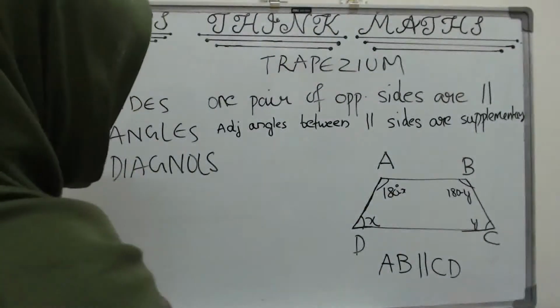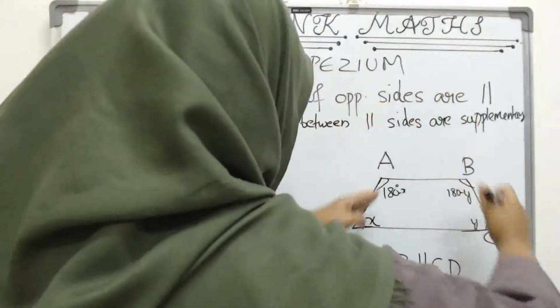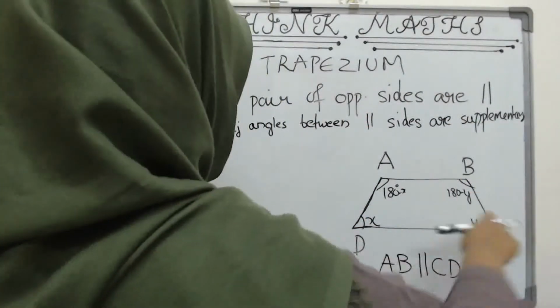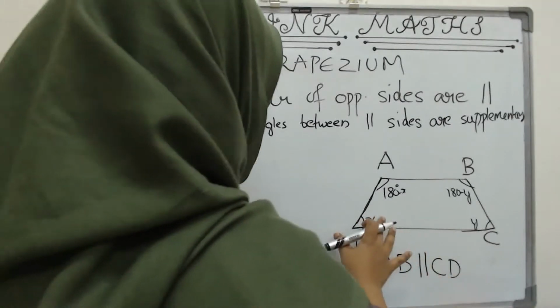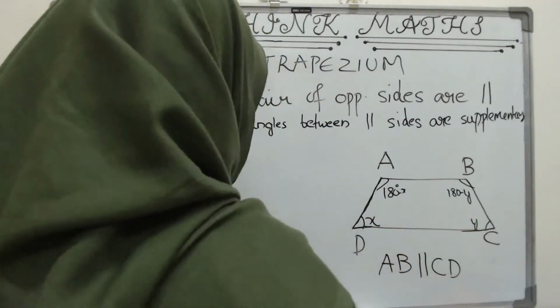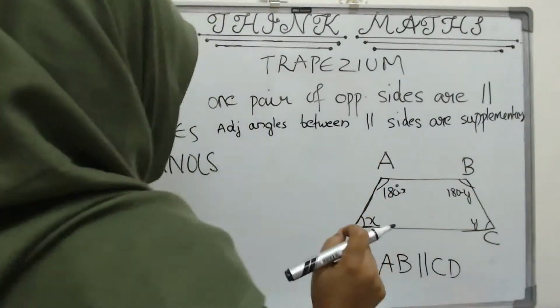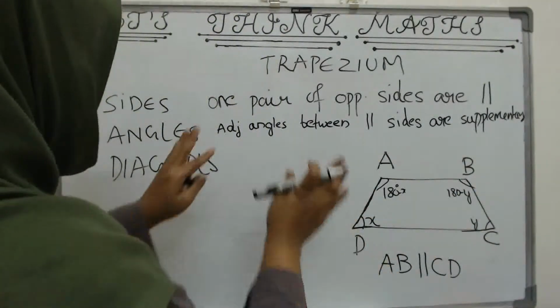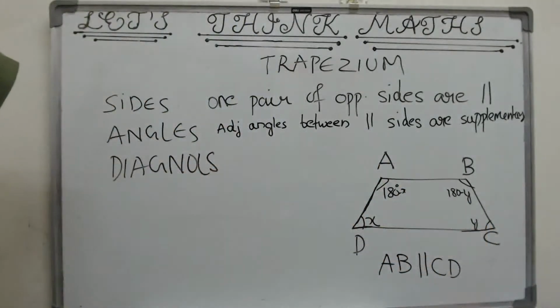Notice the important thing, it is between the two parallel sides, but between the two non-parallel sides they are not adjacent. There is no guarantee that if you add x and y you will get 180. There is no guarantee that you add these two and then you will get 180. There is no guarantee on that. It is only the adjacent angles between the two parallel sides.